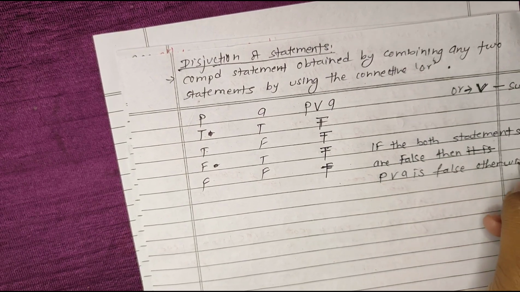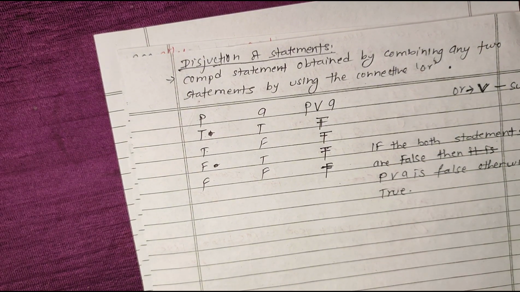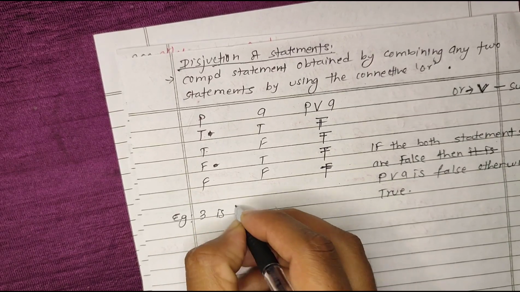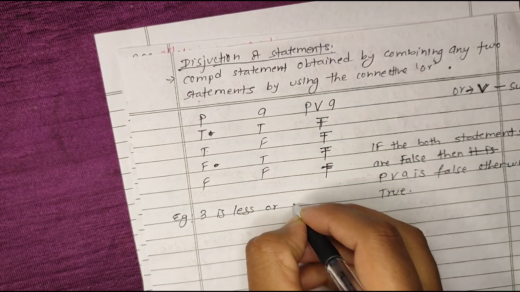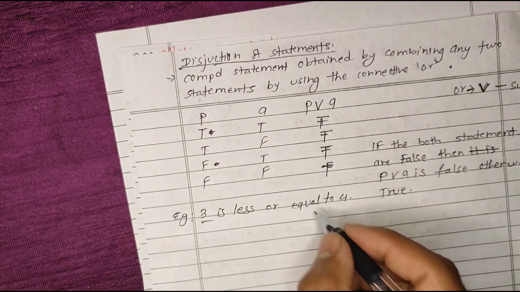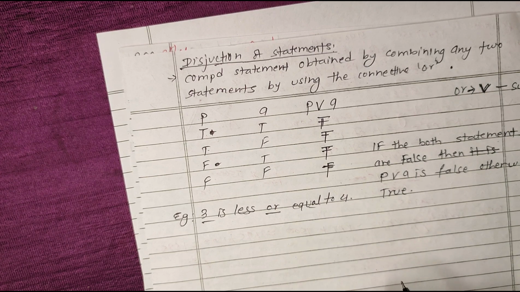Otherwise true. This is about the disjunction. Example, we can take the example as 3 is less than or equal to, for here 1 is true, 1 is false. We can connect these statements as we use connectives.